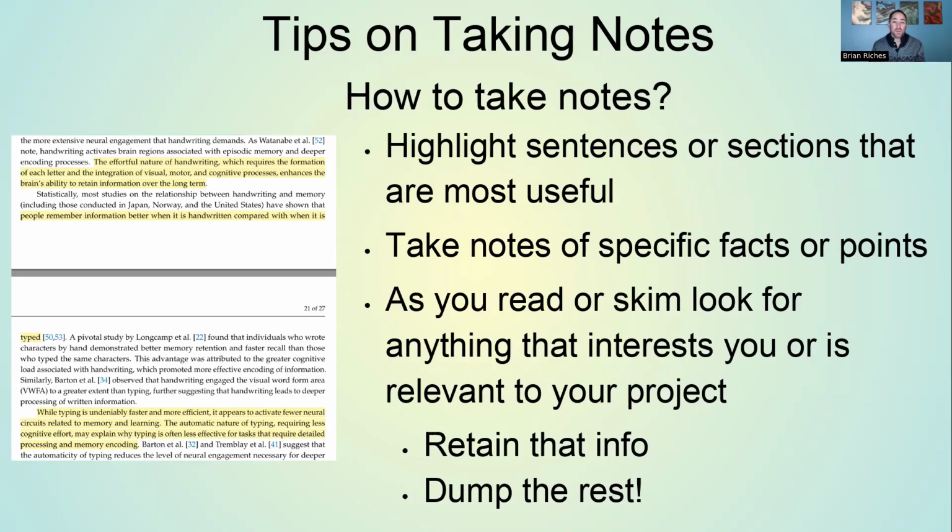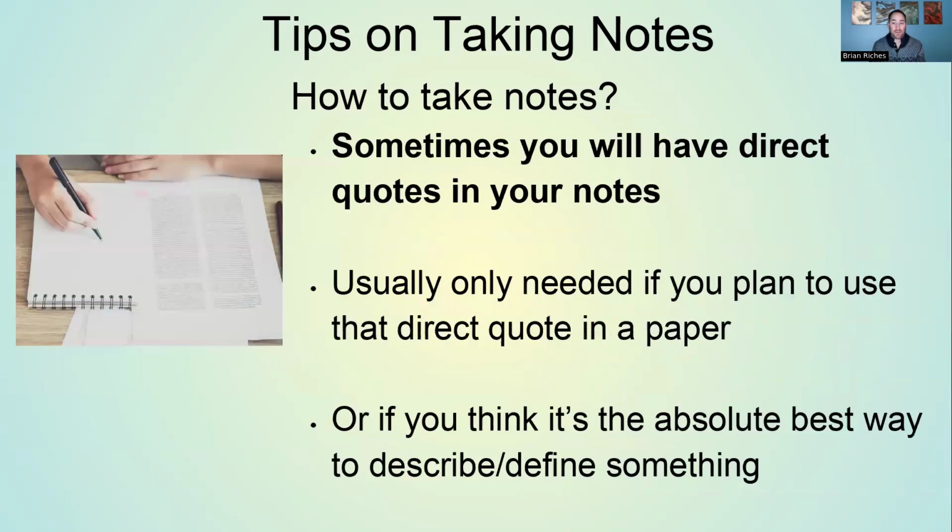So essentially, try to retain the info that's most relevant to you, whether it's studying for a class, for a test, or researching a paper. Maybe you have a specific topic that you want to learn about. Well, a research paper might talk about that topic and other topics. So you can maybe skim some of the other pieces and focus on the stuff that's interesting to you and kind of dump the rest. So you don't even have to take notes on it necessarily.